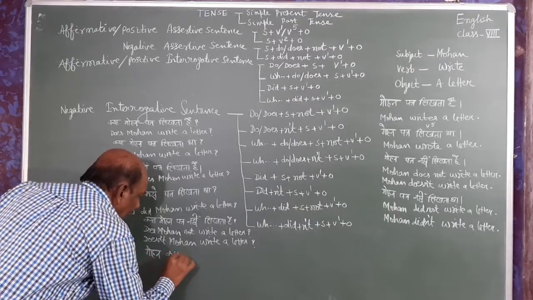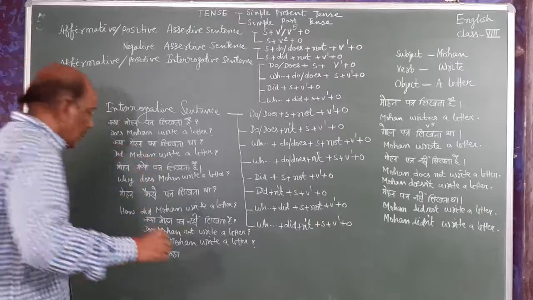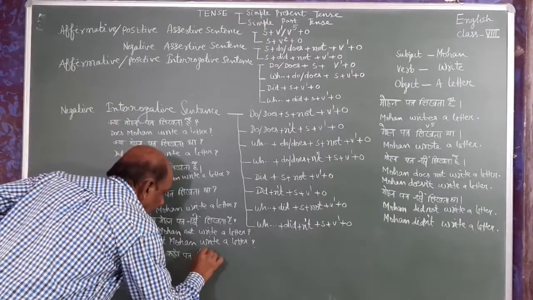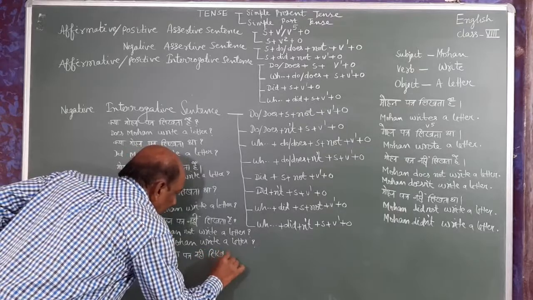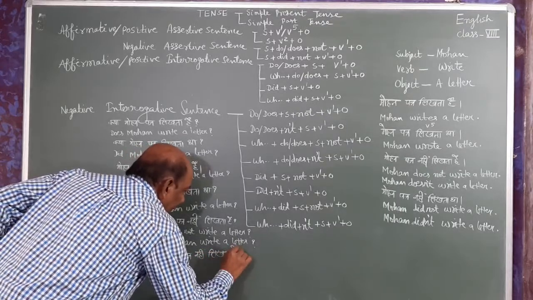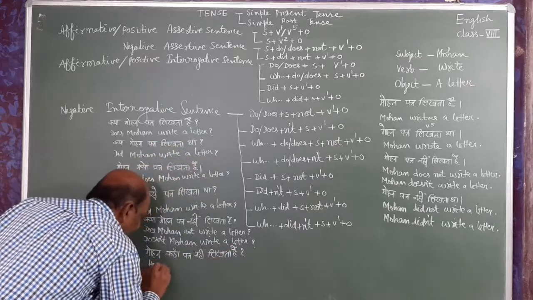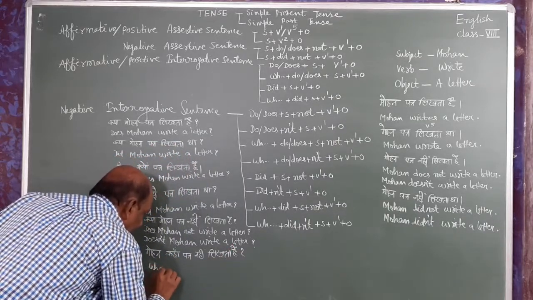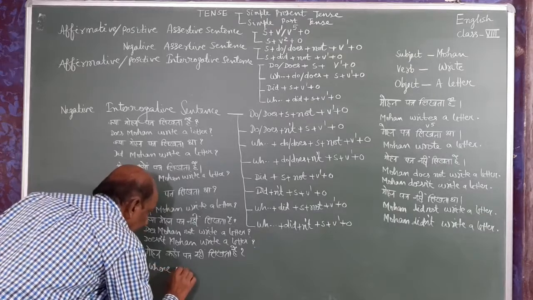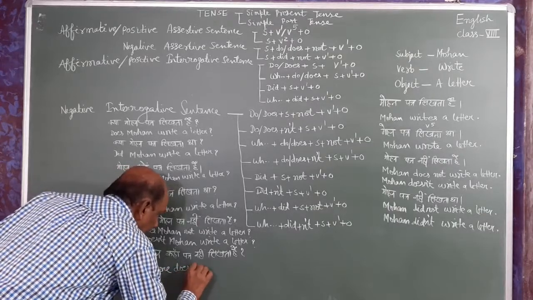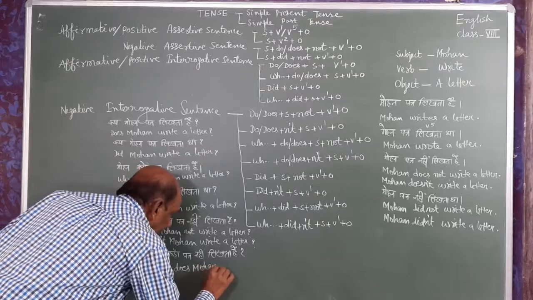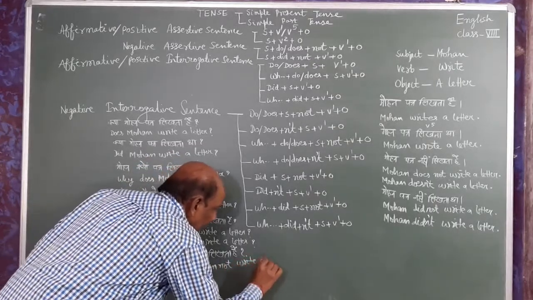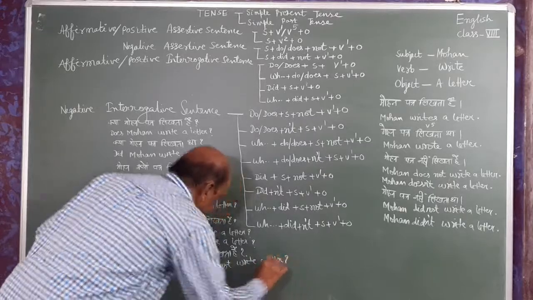Now see another WH. Mohan. Now we have taken another WH. Mohan kahan patra nahin likhta hai. See here, how? No, kahan? That is where. Where does Mohan not write a letter?